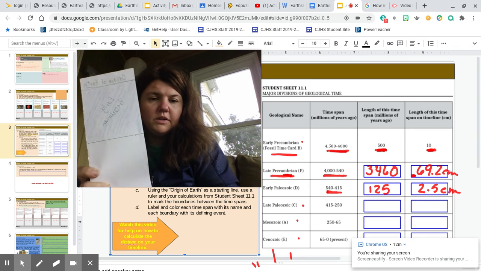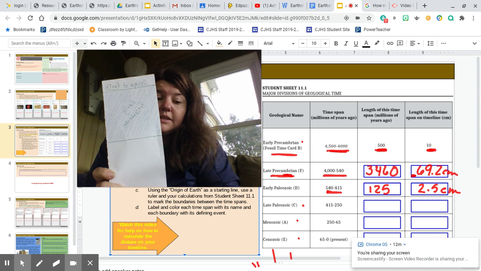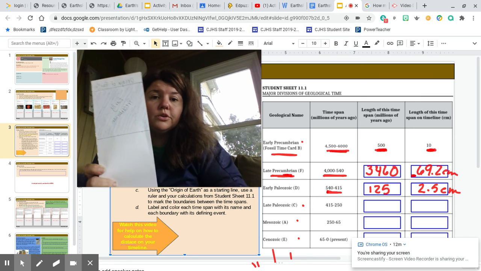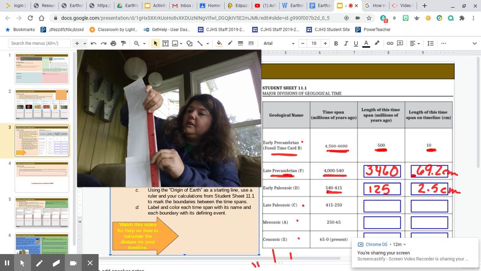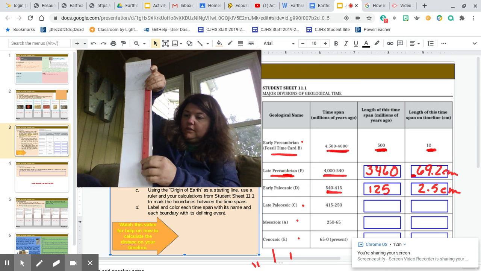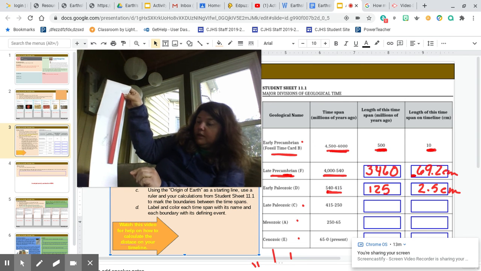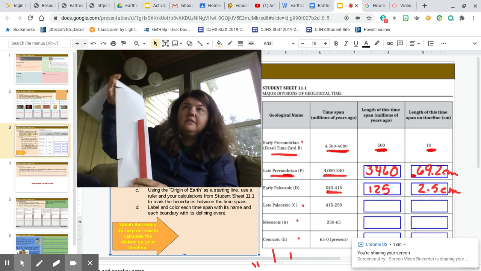The next one I'm going to do is the late Precambrian. We already saw how much longer the late Precambrian is, and it's going to be represented by 69.2 centimeters. My ruler here is only 30 centimeters. So there's 30 centimeters, and then another 30 centimeters, so that's 60.